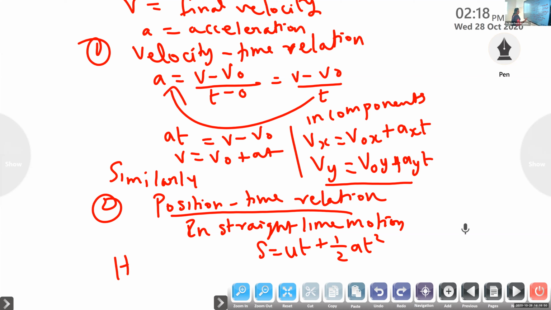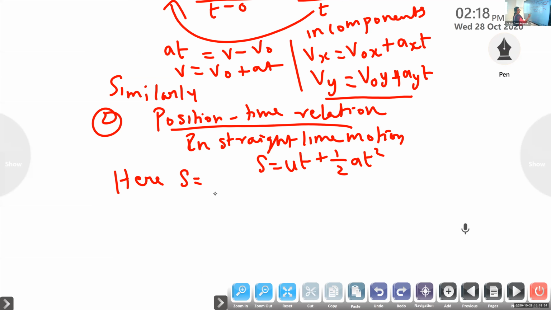Here, below that, you can write S is equal to position vector. We can write it as R minus R0, final position minus initial position, because we have already written R0 is the initial position. So instead of S, we substitute R minus R0.